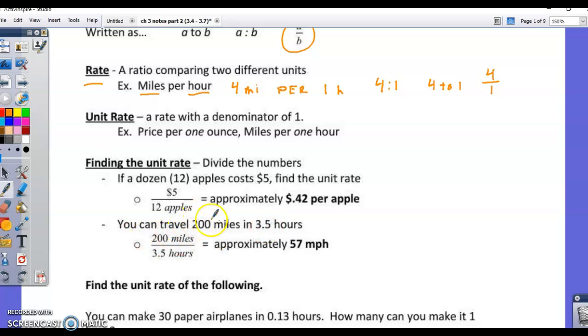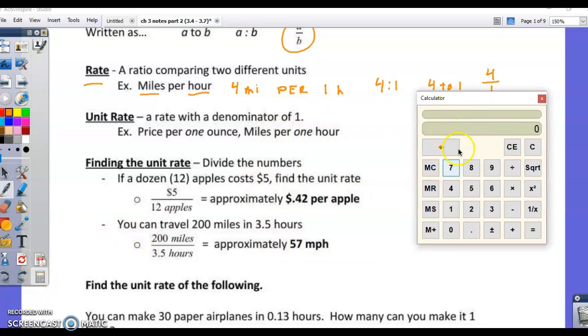If you can travel 200 miles in 3.5 hours, and you want to find miles per 1 hour, then you would set it up as 200 miles over 3.5 hours, and you would divide the two. So you just put it in your calculator. 200 miles divided by 3.5 hours, you get 57.14 miles per hour. It can be written like this, or dollars per apple.